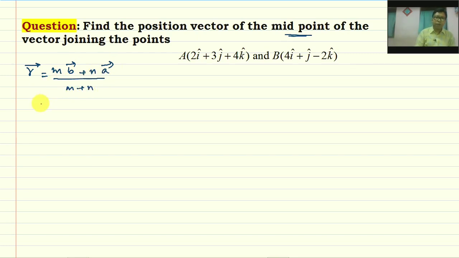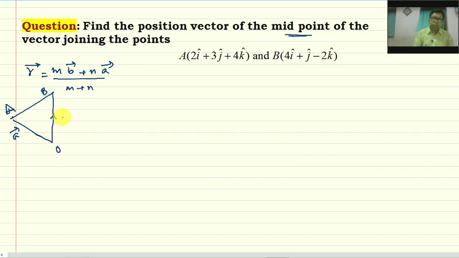A is a point and its position vector is the A vector. B is another point whose position vector with respect to origin was the B vector. R is a point internally cut at the point, say this is P, and its position vector was the R vector. So this is the ultimate result.